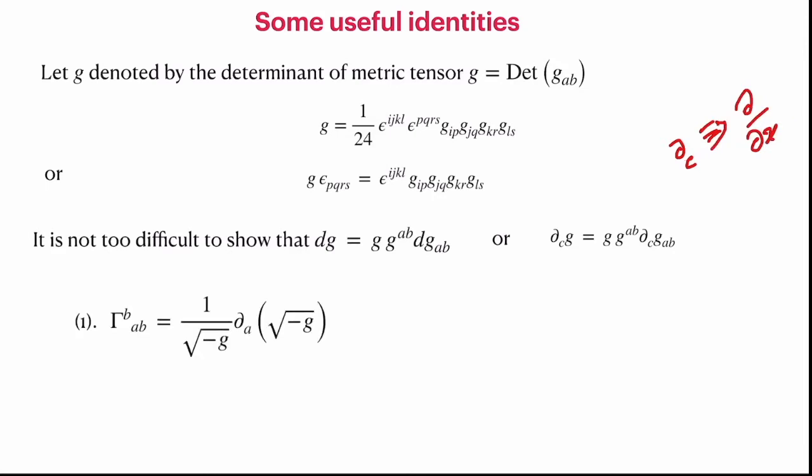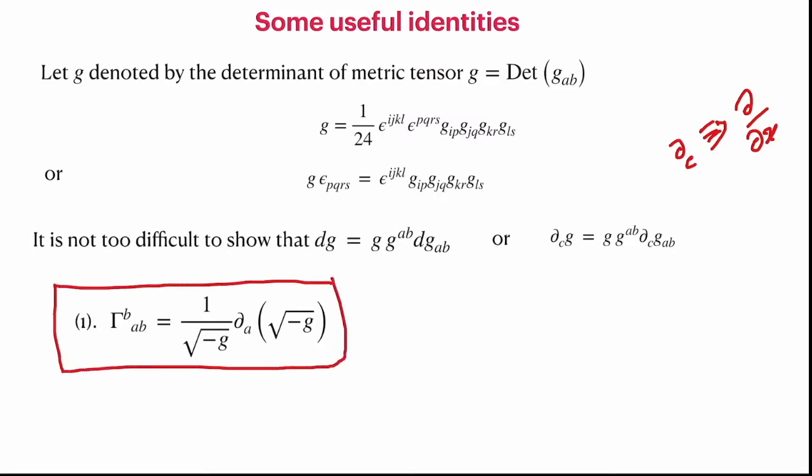Now once we have this identity, we can show some simple properties. One of them is a property of the connection or Christoffel symbol with contracted upper and lower indices. It is symmetric in the lower indices, so you could contract with any of the lower indices and the upper index. It turns out that it can simply be written as 1 by square root of minus g, d_a of square root of minus g.